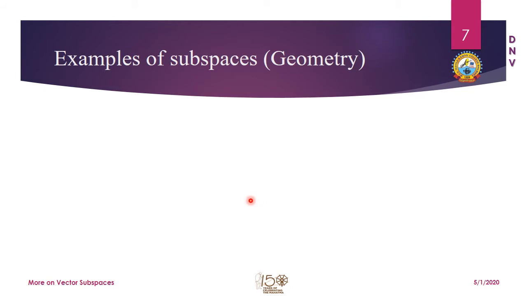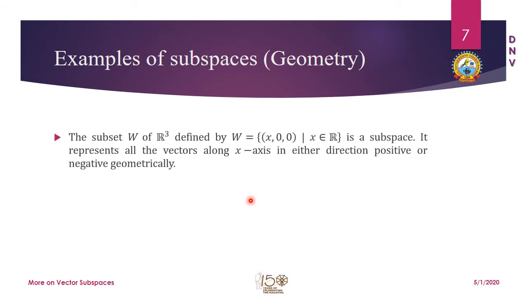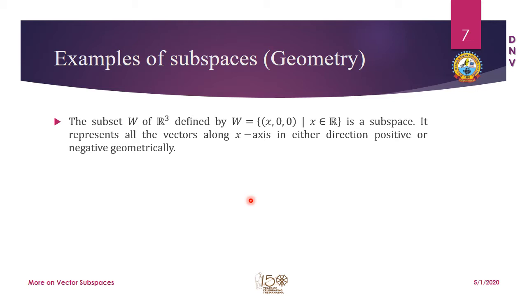Next we take some examples from geometry. This is the first example: a set W of R cube defined by W equal to {(x, 0, 0) for x belonging to the set of real numbers}. It is a subspace. Geometrically speaking, it is the collection of vectors lying on the x-axis, where the second and third components are forced to be 0.